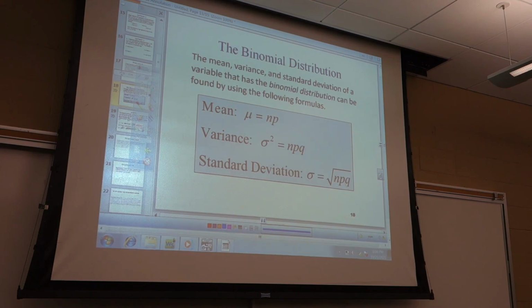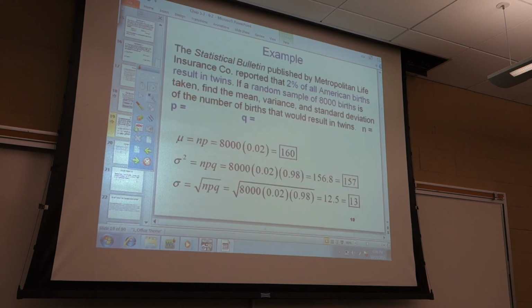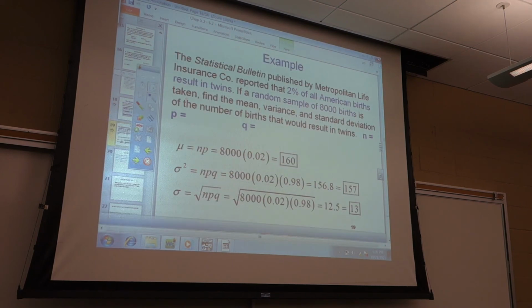Let me give you an example. Here's the example. All right. A Statistical Bulletin reported that 2% of all Americans result in twins. 2% of all Americans, that's my little p. Once you get a percent of all Americans or a percent of all Californians or whatever, that's your little p.